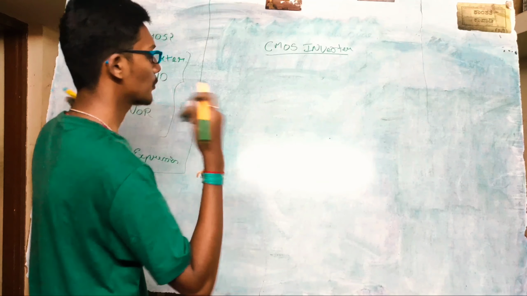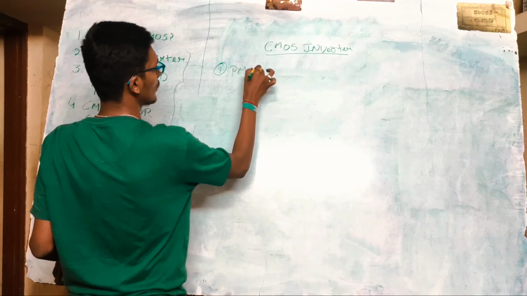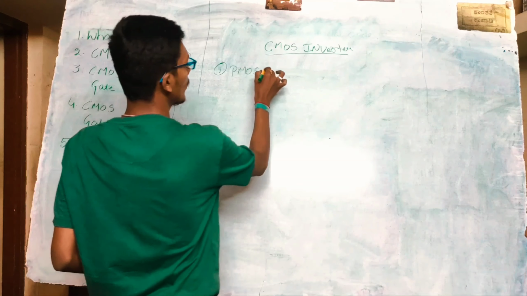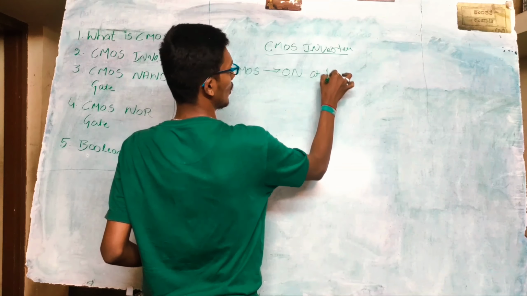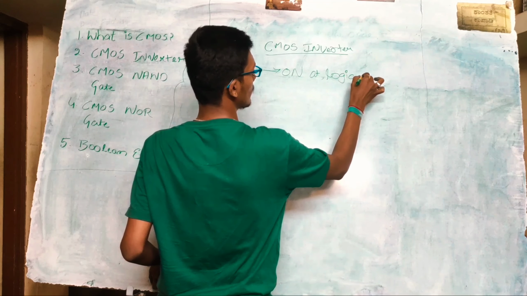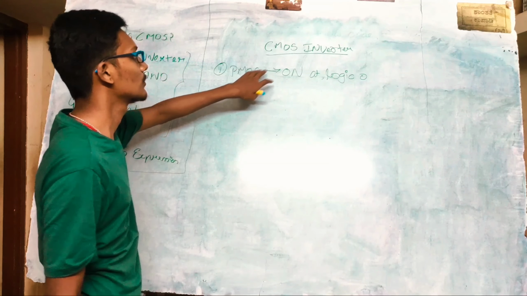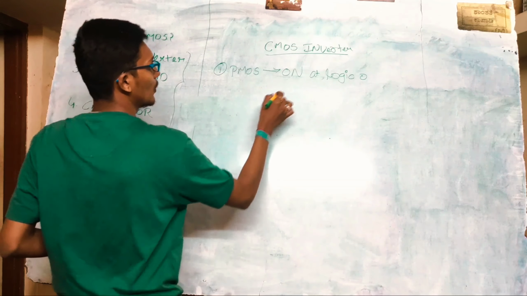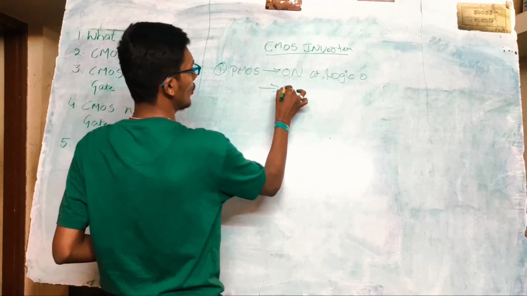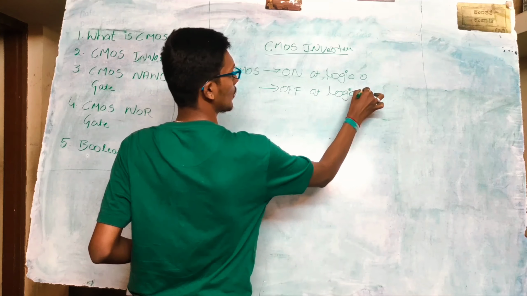First point: PMOSes will be on at logic 0. These are the basic conditions of PMOSes and NMOSes. Without this, we won't be able to implement a CMOS inverter or any VLSI circuit. PMOS will be off at logic 1.